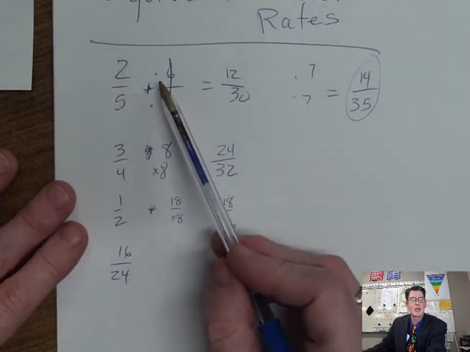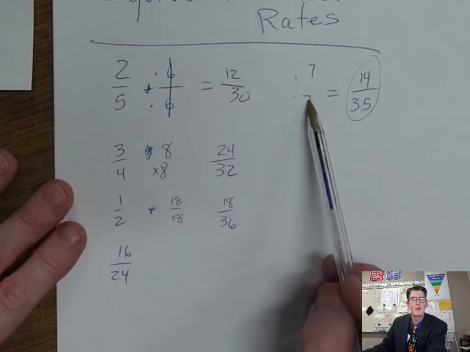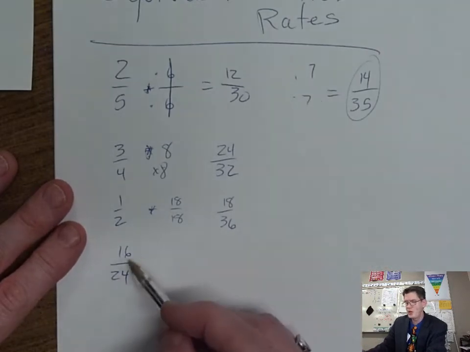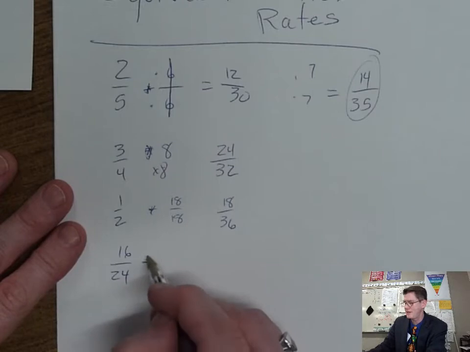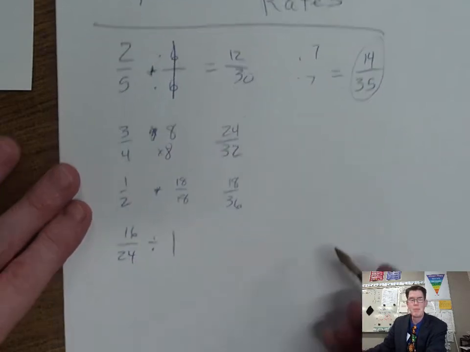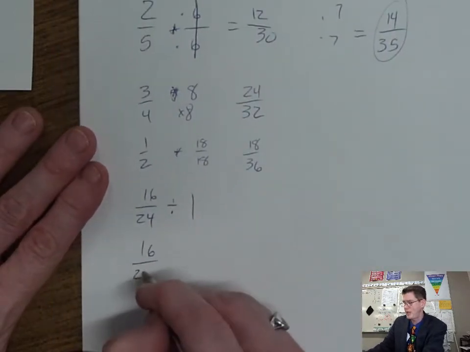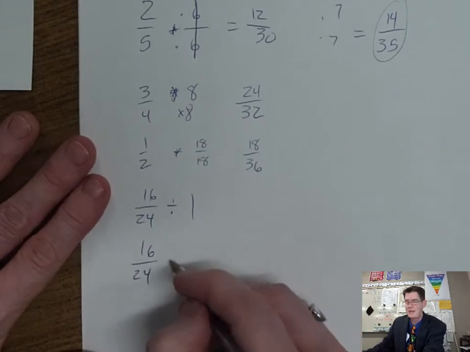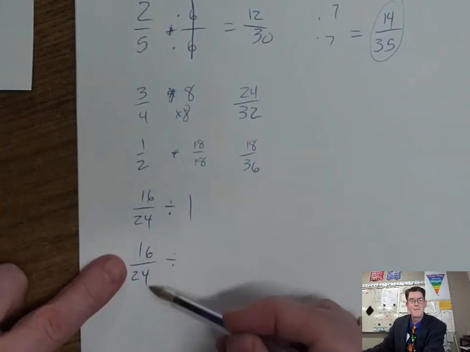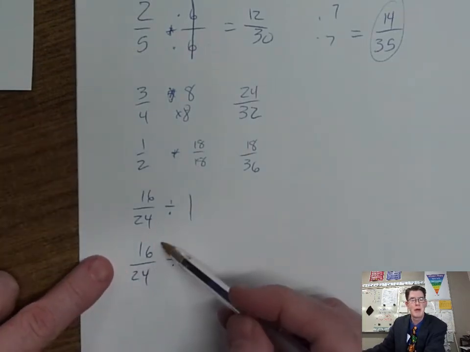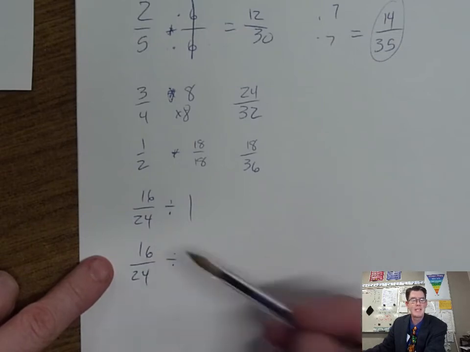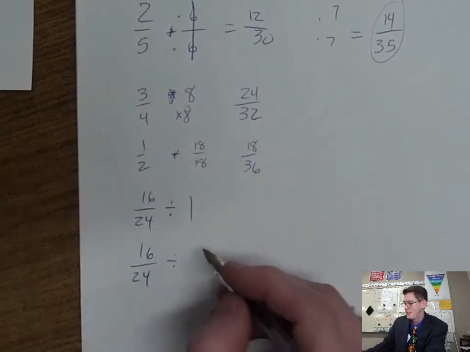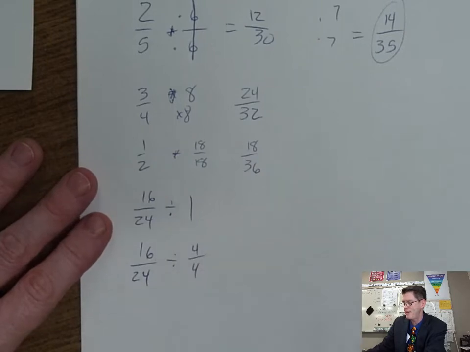Now, just like you can multiply by 1 or the same number on the numerator and denominator, you can do the same thing with division. You can divide by 1, or just pick a number that goes into both of them and divide by that. So you might see that 2 goes into both of them. You might have chosen 4. You might see that 8 goes into both of them. Well, I'll do 4. I'm just going to divide by 4 over 4.